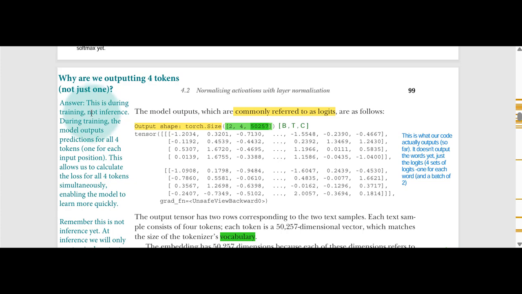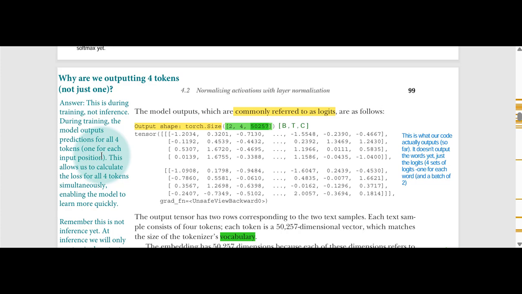The answer is that this is happening during training, not during inference, not when we're actually using the GPT. During training, the model outputs predictions for all 4 tokens. Why do we do that? Because then we can measure the error for 4 tokens instead of just one.